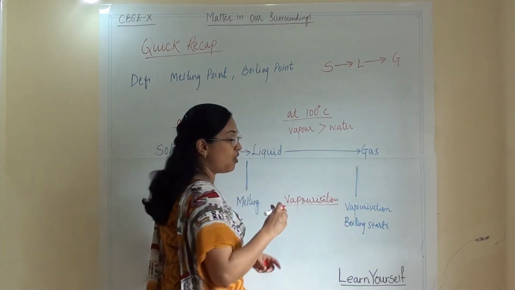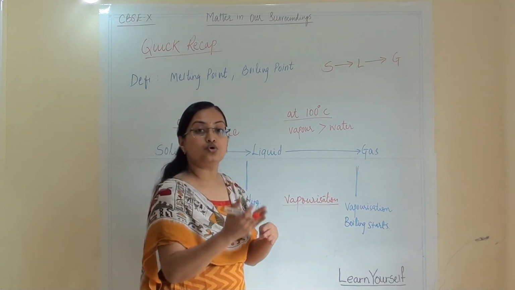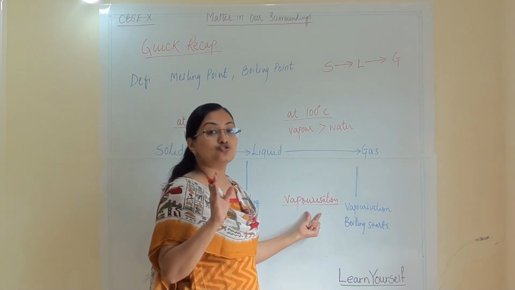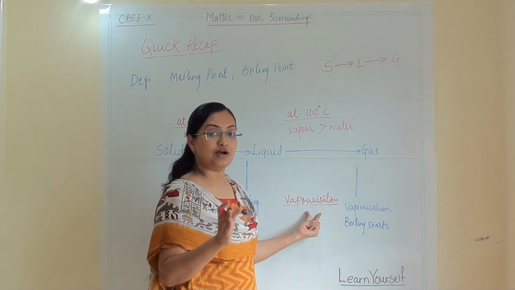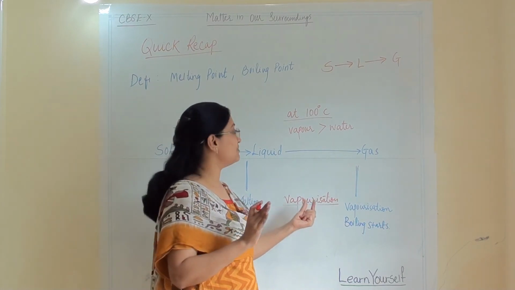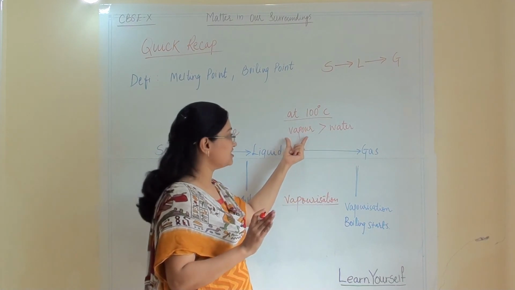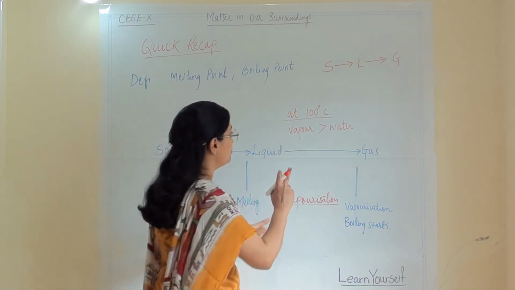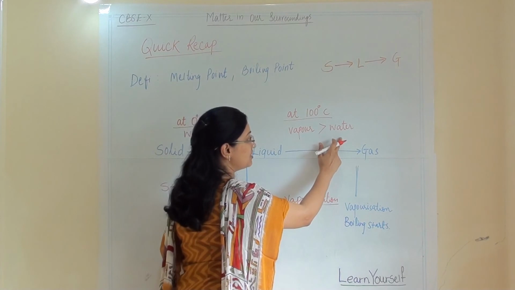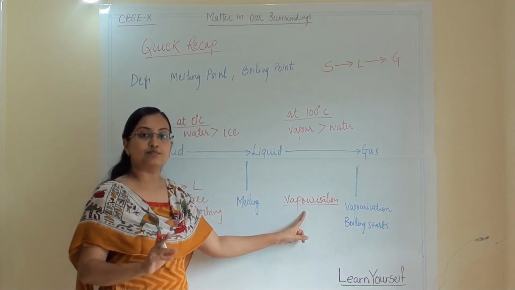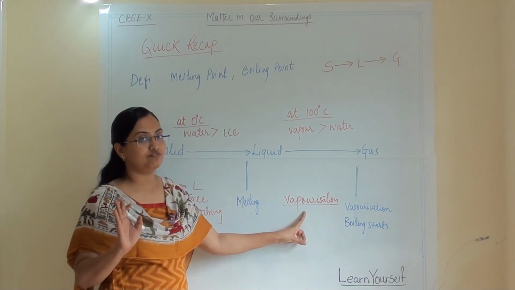Until all the water goes to the next state, there will be no temperature change, because all the energy is absorbed by the water and it is converting into vapor. So vapor has more energy compared to water, because it absorbs latent heat of vaporization.